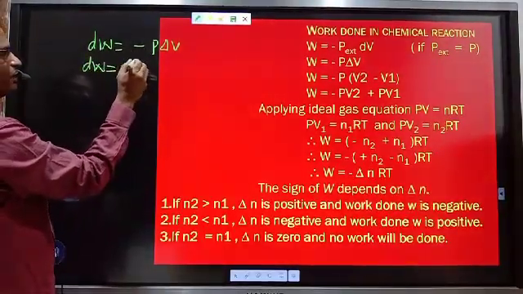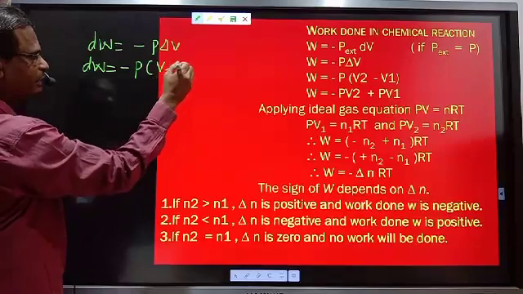Suppose you have to write it, dW will be equal to minus P, this will be (V2 minus V1).